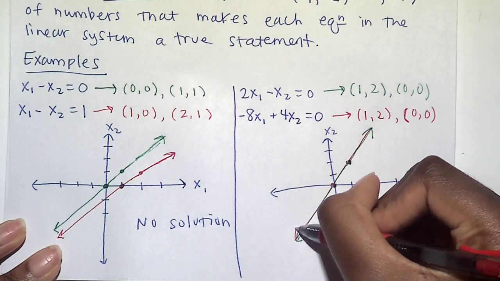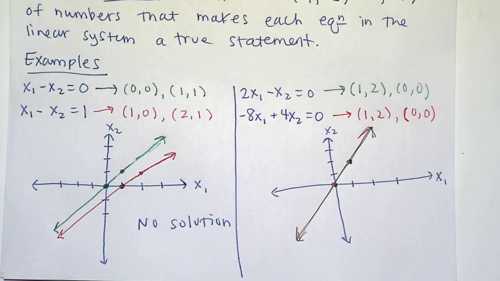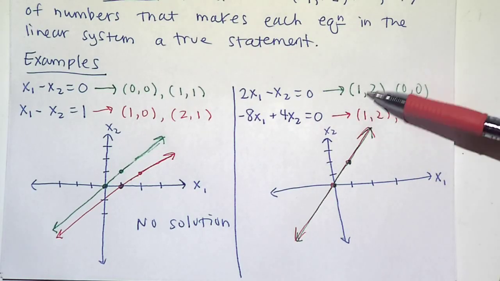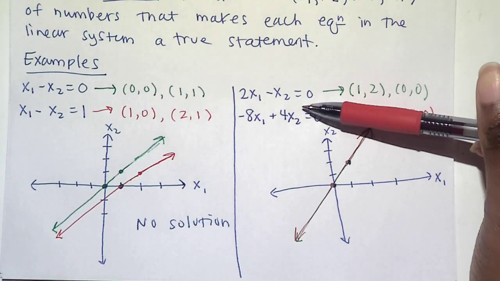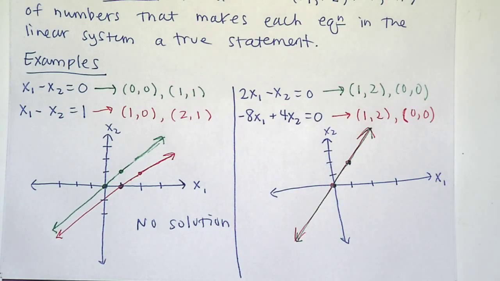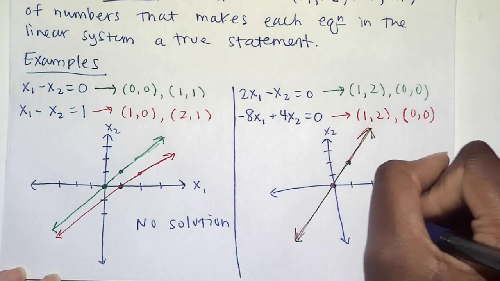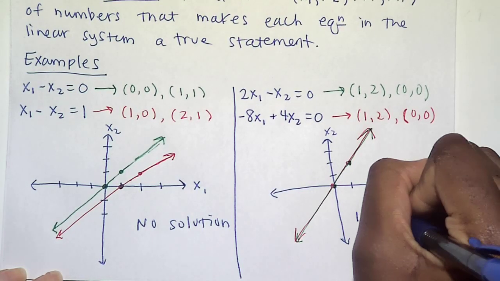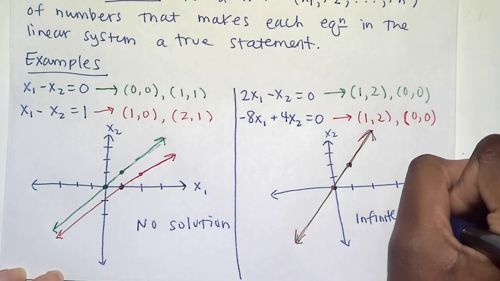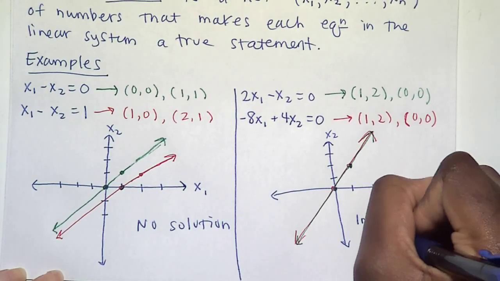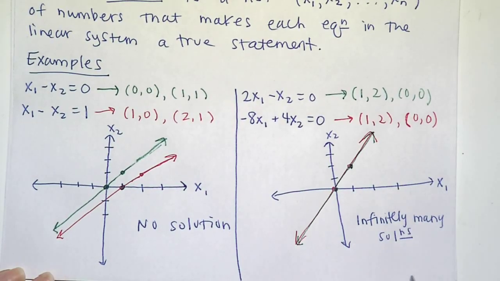Solutions for the second equation. So both equations have the same solution set. So that means all of the solutions we get for each of them will be the solution for our system, which means we're going to have infinitely many solutions. And this is my shorthand for solutions.